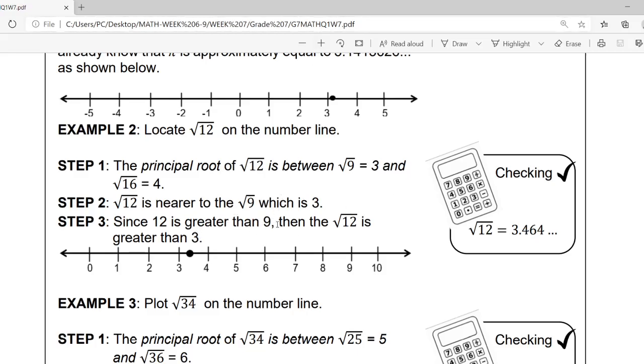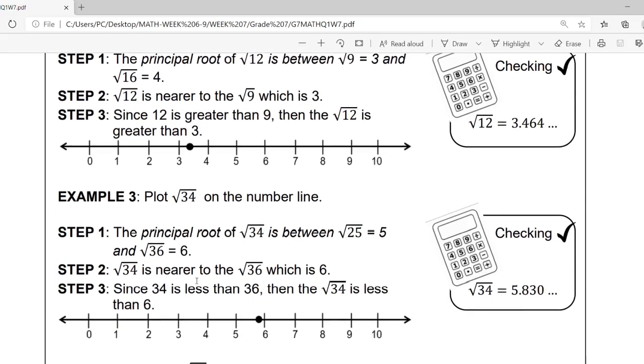You use step 2, that is the irrational number minus the lower perfect square, divided by the upper perfect square minus the lower perfect square. Then you can get the decimal number there. Number 3, the same process. You get the lower perfect square number, which is 25, and the upper perfect square number is 36.